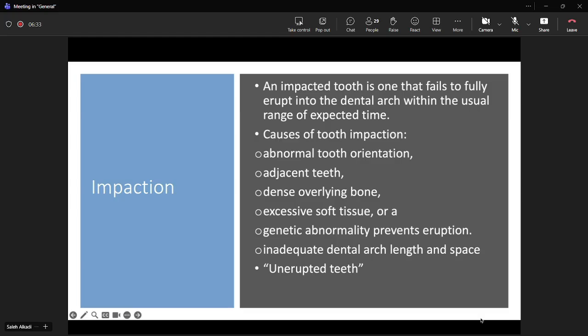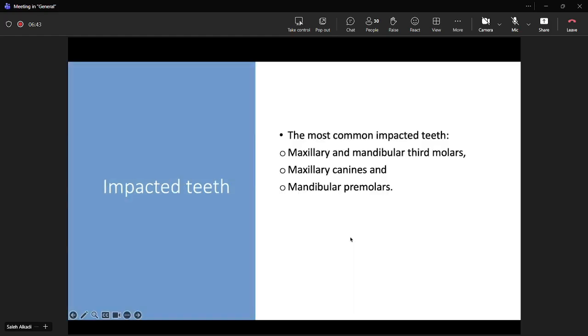In the case of wisdom teeth, we mainly talk here about the retromolar area for the lower mandibular wisdom tooth.